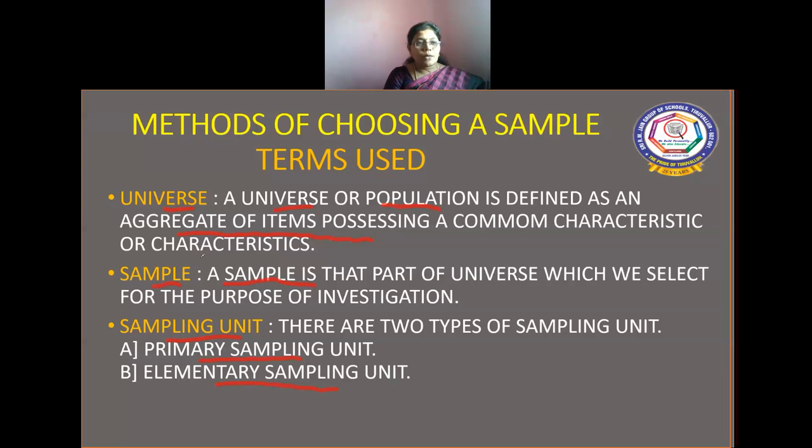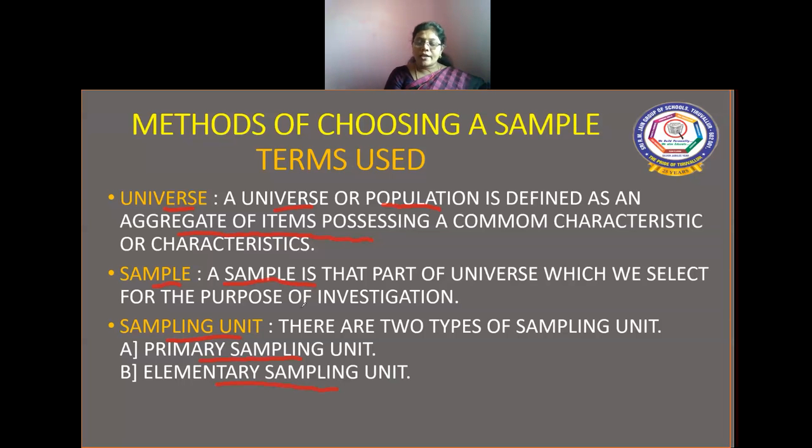And second one, a sample is that part of universe which we select for the purpose of investigation. In our example, the 200 students we selected for survey out of the universe, that is 2000 students, is the sample. And a sample is that portion of the universe which represents the universe.